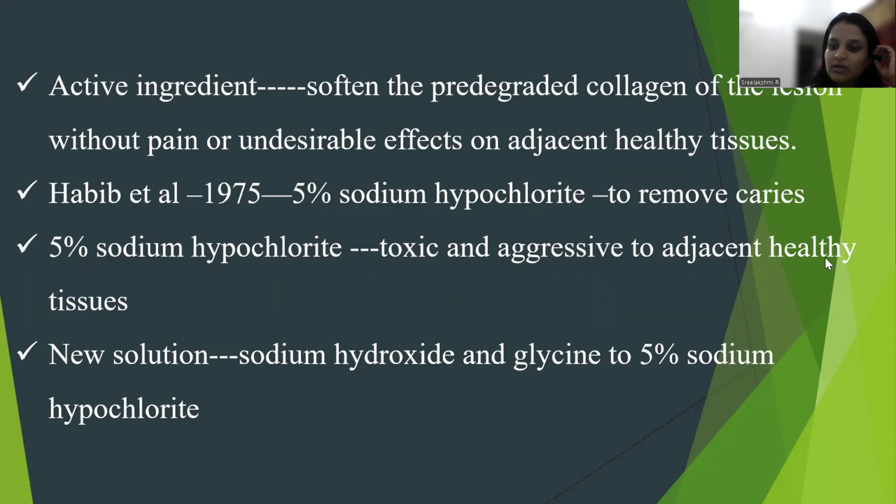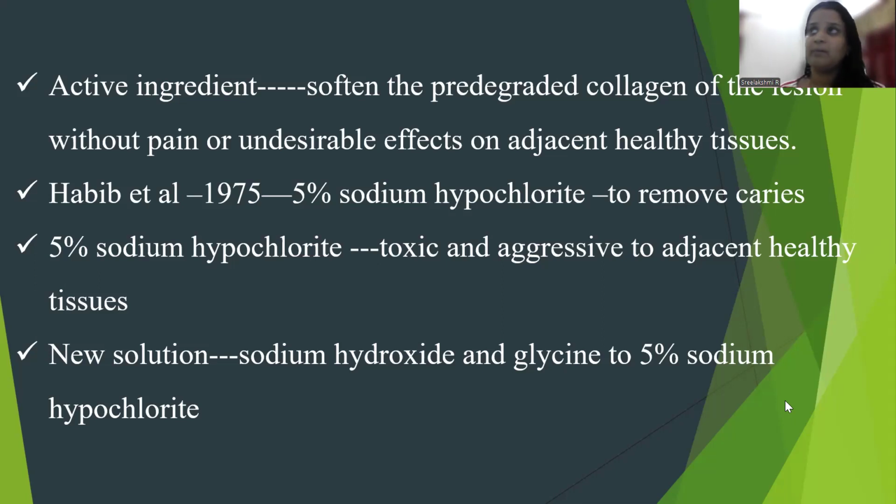The active ingredient in the gel, the material we use for CMCR, will usually soften the degraded collagen of the lesion without causing any pain or undesirable effects on adjacent healthy tissues.